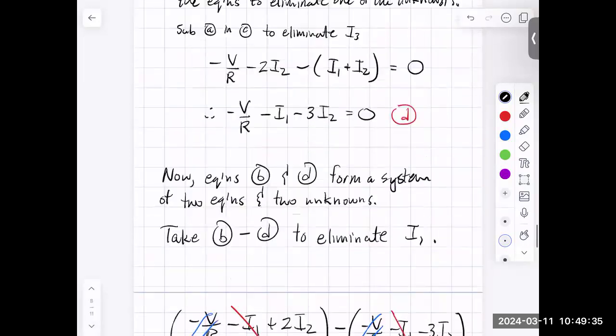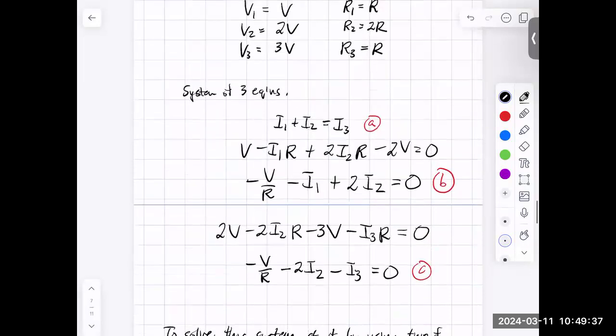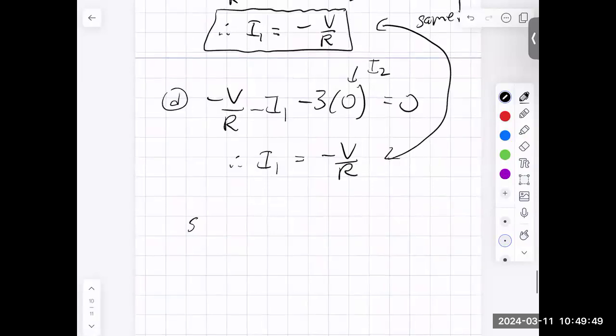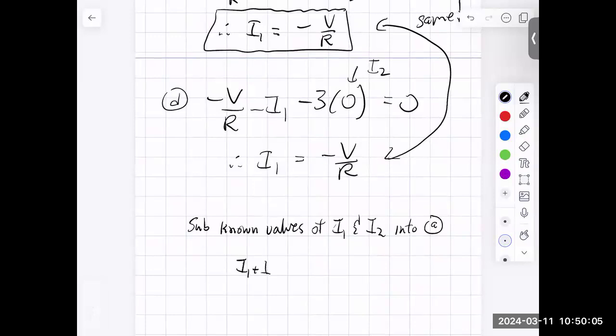The easiest thing to do is to go back to the junction rule, equation A, and solve for the last unknown, which is I3. Okay, so let's sub the known values of I1 and I2 into equation A. And so equation A was I1 plus I2 is equal to I3.